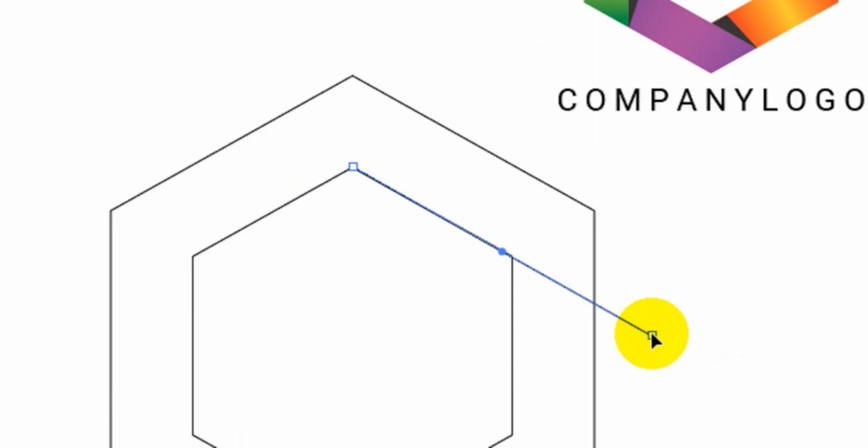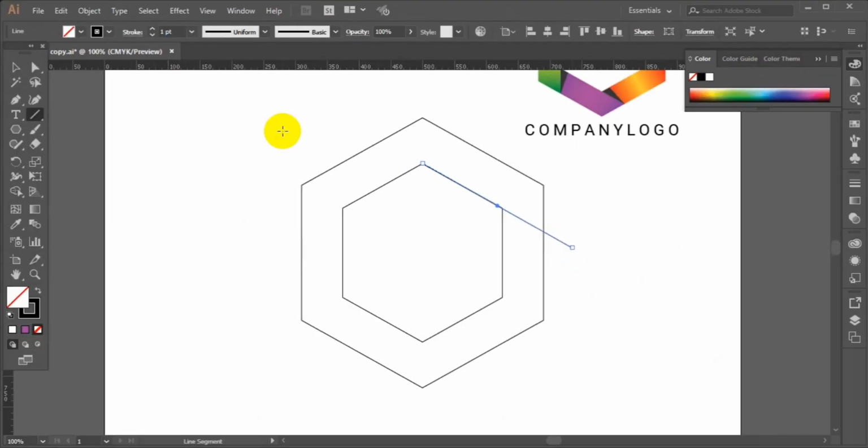Good. So the next thing I'm going to do is to expand this particular shape. Good. So the next thing I'm going to do is to duplicate this shape by pressing the Alt key to duplicate it to this angle.